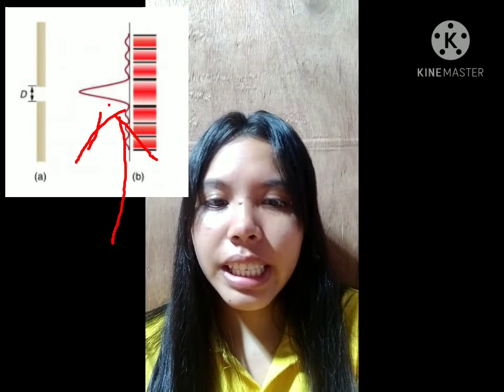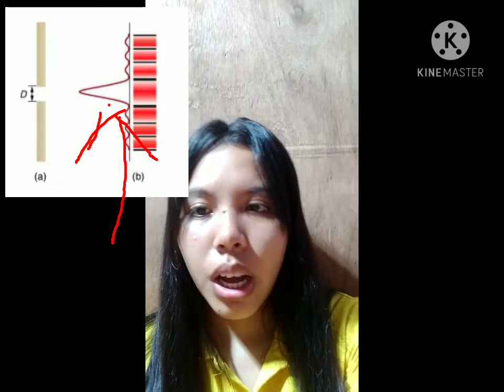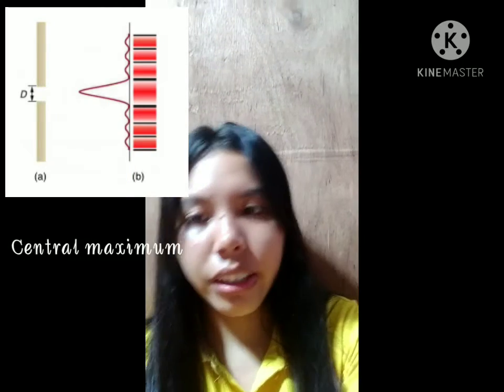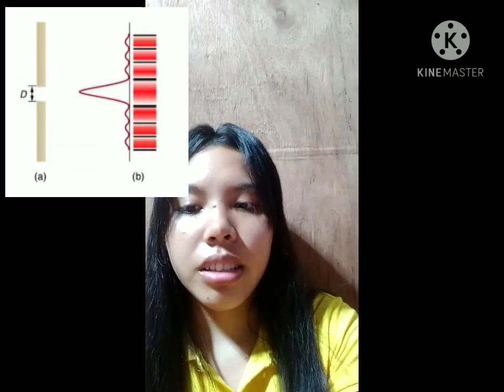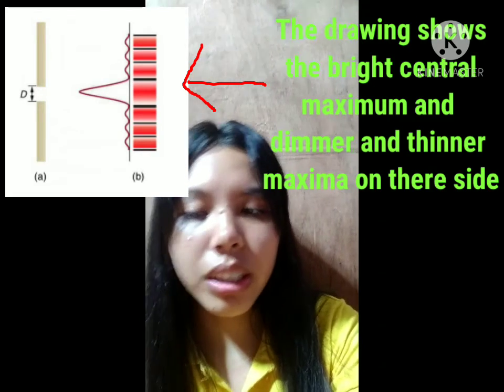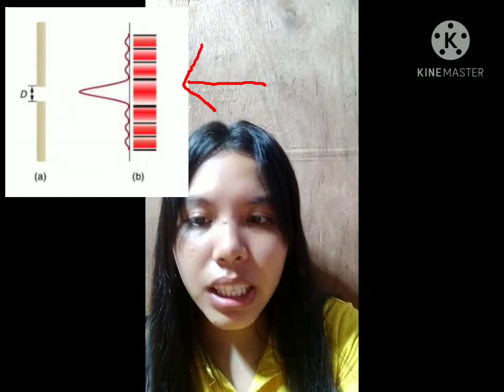The central maximum is larger than those on the other side, and the intensity decreases rapidly on either side. In contrast, a diffraction grating produces evenly spaced lines that dim slowly on either side of the center. We consider here that the light is coming from different parts of the same slit.